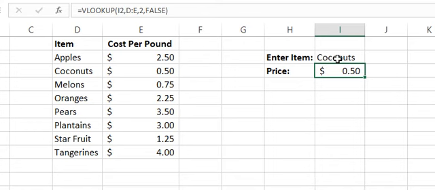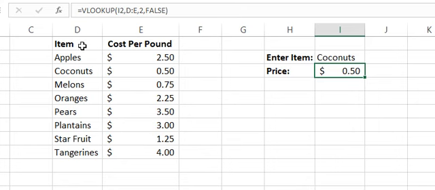So I'm going to select I2, which is this cell right here, and it's going to be using my drop-down list. So it's going to say, okay, I'm looking here, and the next argument is what is the array or columns of data that are going to contain the coconuts that I'm looking up and the price that I want to find. Not the coconuts, anything.